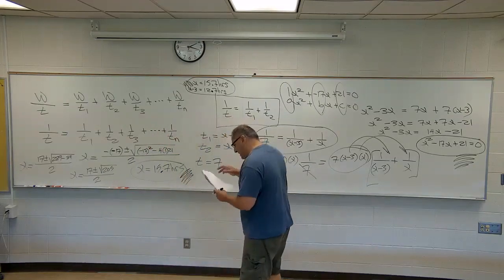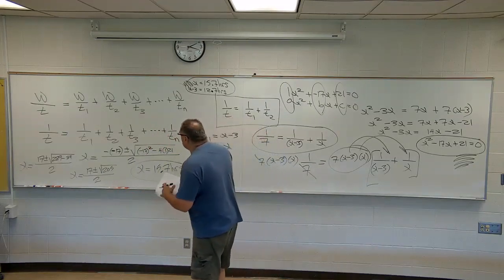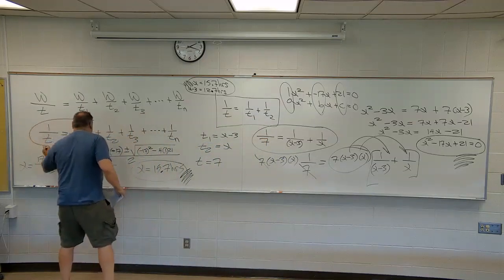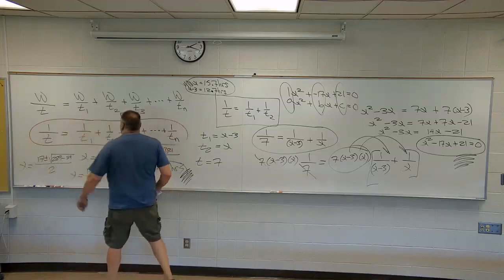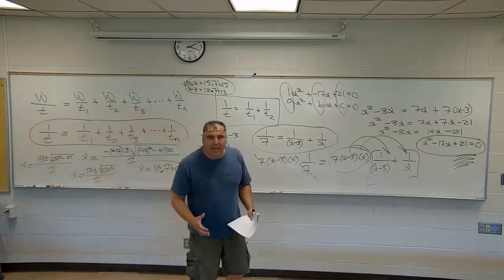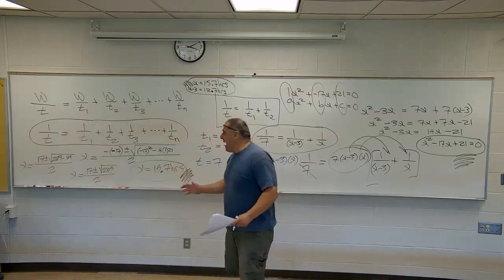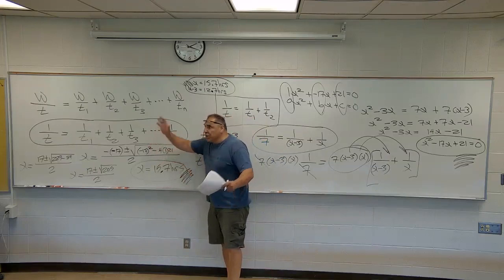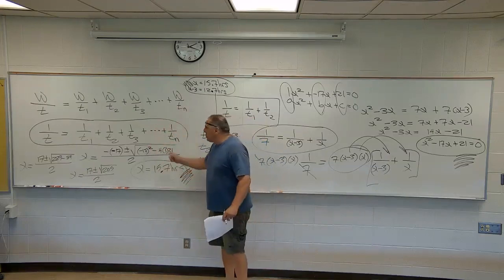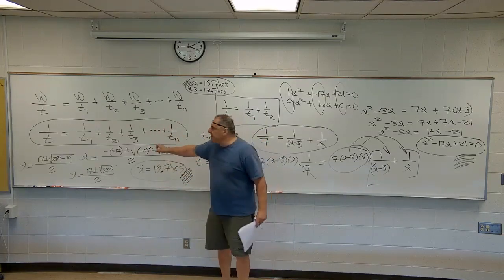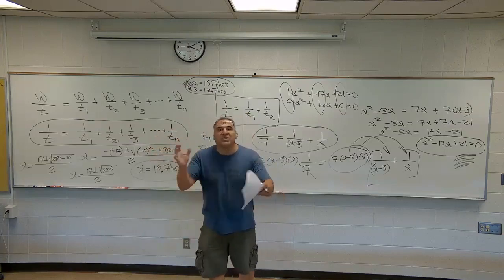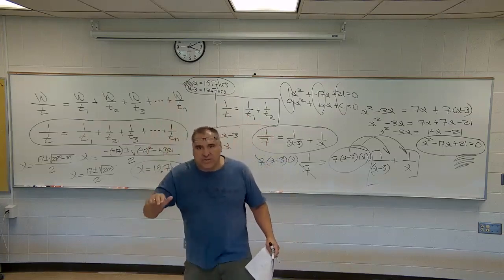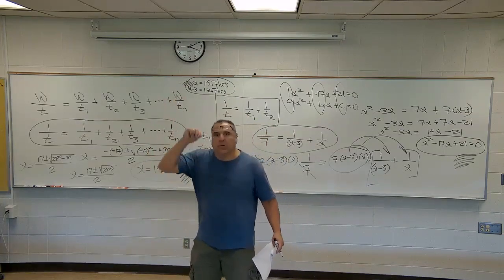Fascinating stuff. What is important with this, how this all relates later on, depending what courses you guys take, even now, the here and now, for any class to which I speak, this is good to know anyway. You see this kind of thing in other places. You see this in physics, that relationship. You talk about resistors. 1 over the resistance equals 1 over resistor 1 plus 1 over resistor 2 plus 1 over resistor 3.